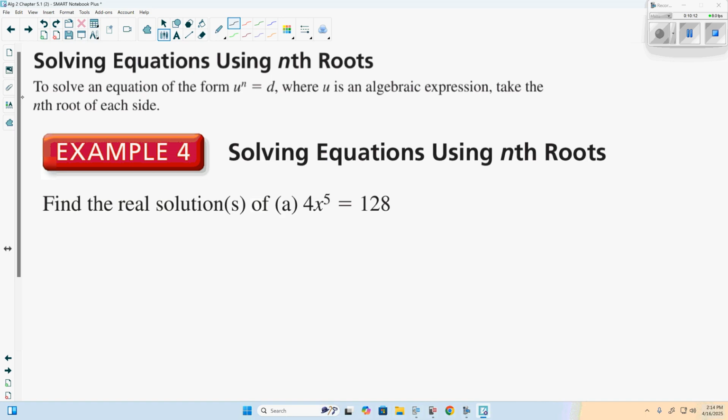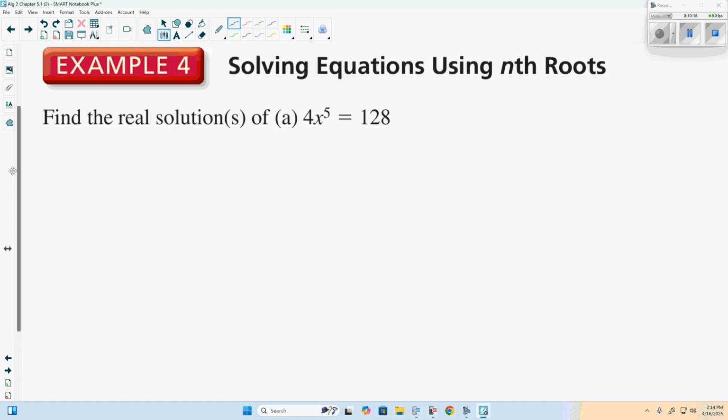Solving equations using nth roots. We've done this before, but we called it the square root method. It still works the same. We have three main steps. First, we need to get the term to a power by itself.